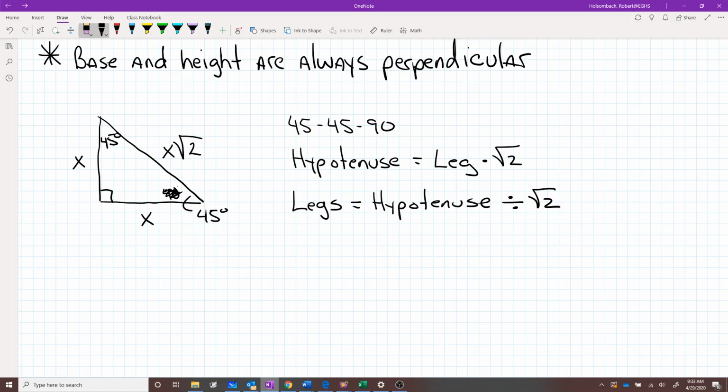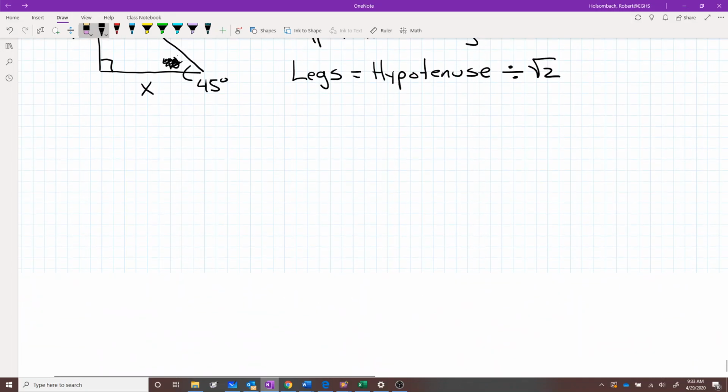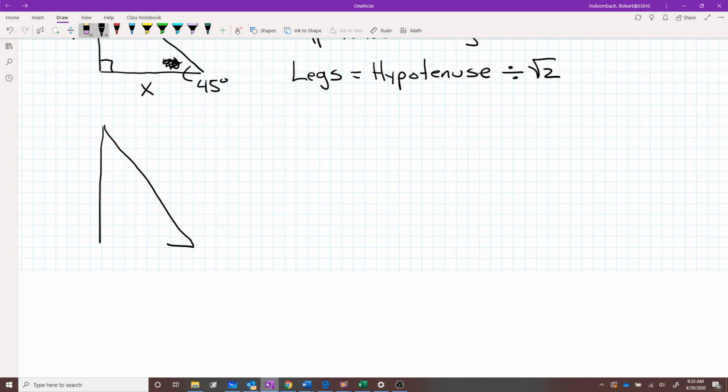Okay? And the other special right triangle that we talked about this year was a 30, 60, 90. And it had special rules as well. So in this 30, 60, 90 right triangle, we have a hypotenuse. We have the side opposite the 30-degree angle, and that's called the short leg.